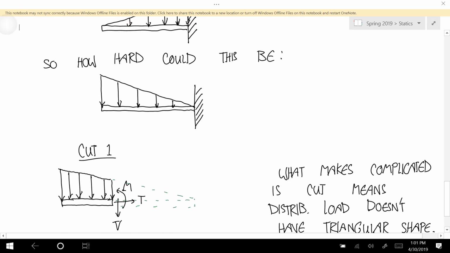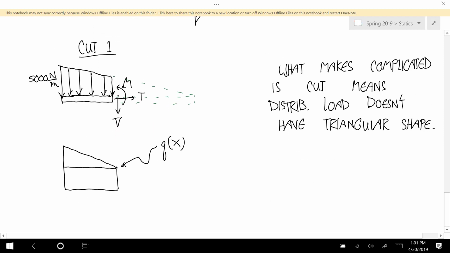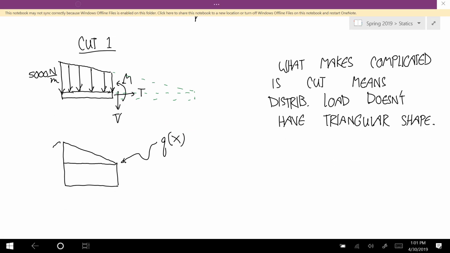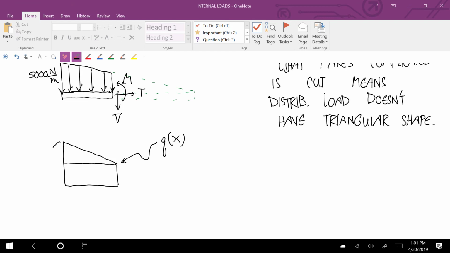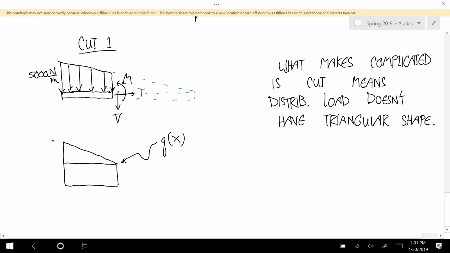This is your total value, let's say this whole thing is 5,000 newtons per meter.